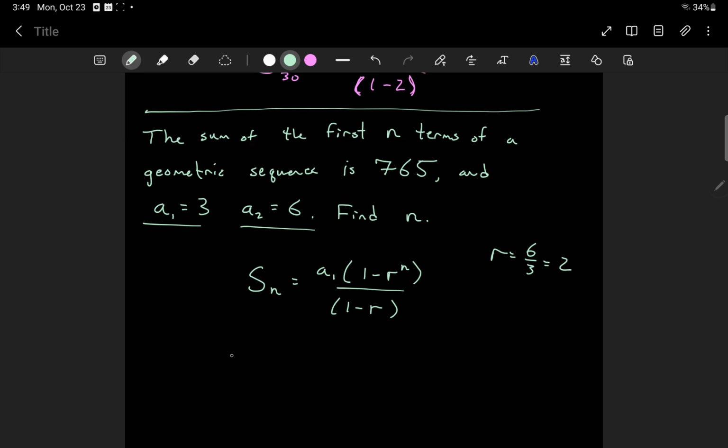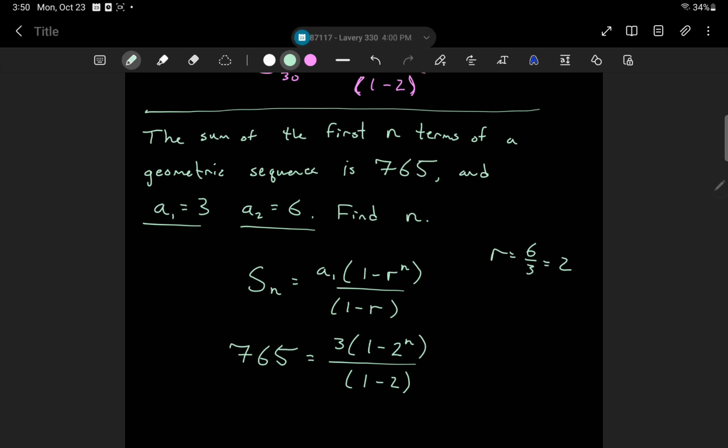So this time the sum was given to us, so 765 is going to be equal to 3 times 1 minus 2 to the n divided by 1 minus 2.